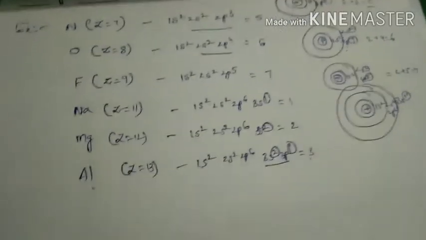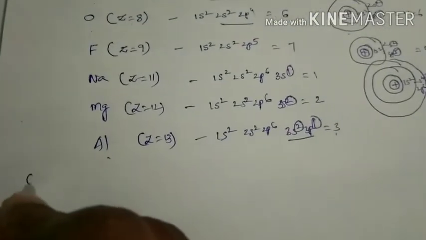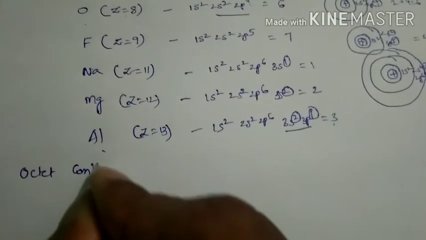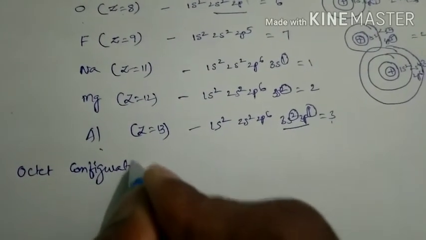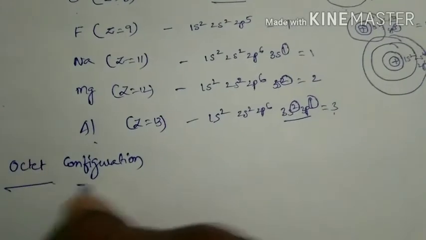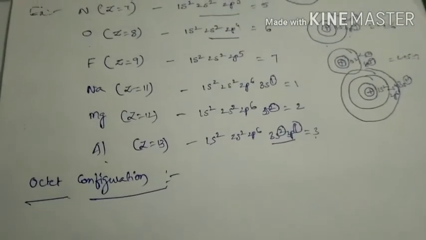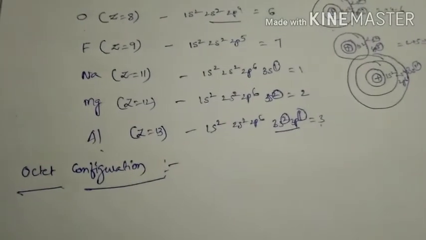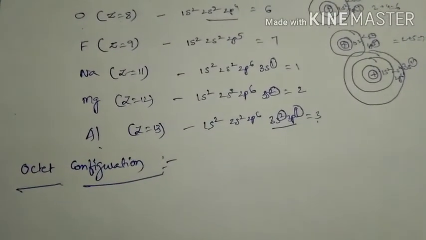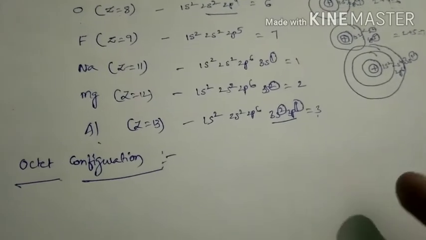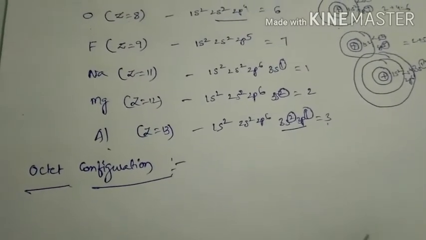Next, one more point is there, that is octet configuration. Octet means 8. If the outermost orbit contains 8 electrons, that is called octet configuration. I repeat once again.